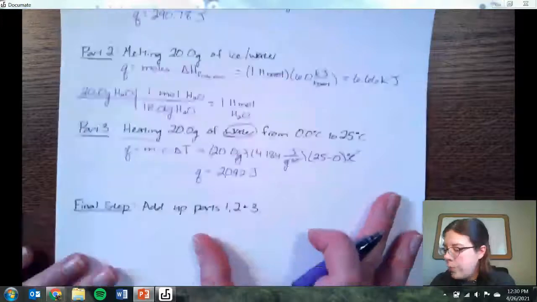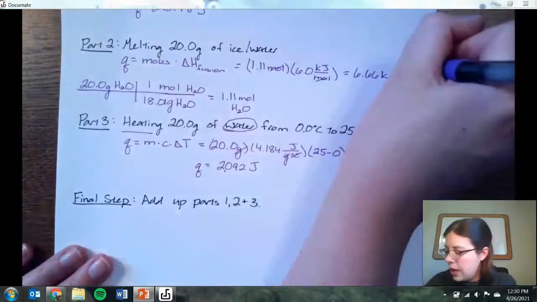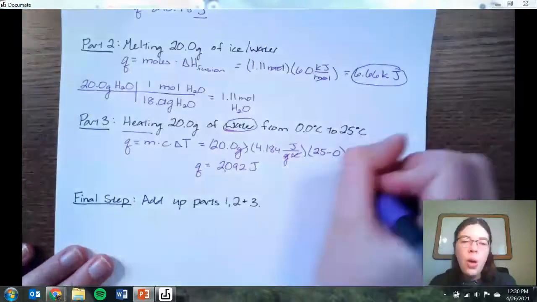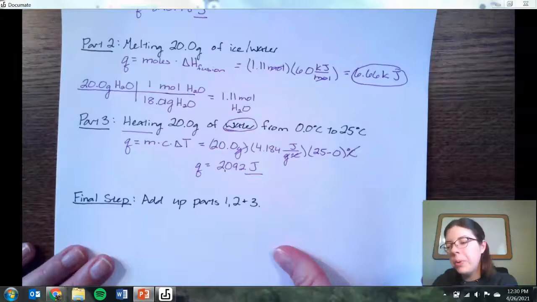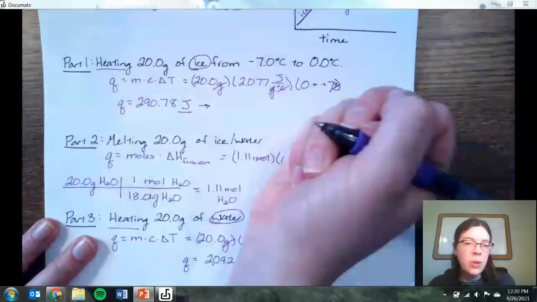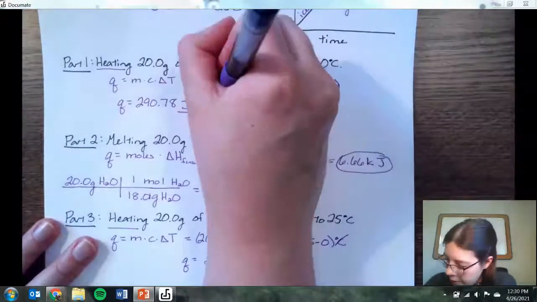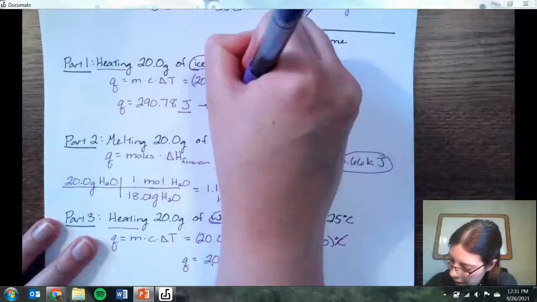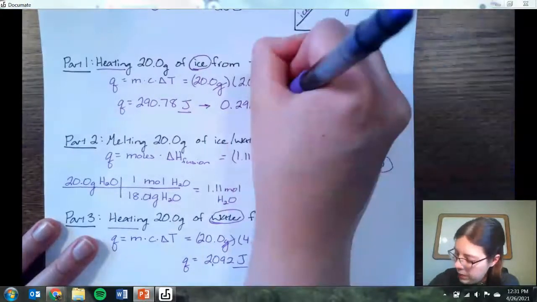So one thing I do want to point out, we have one unit that is in kilojoules and the other two that are in joules. We are asked to find the kilojoules. So I'm going to need to divide my joules by 1,000 in order to get the kilojoules. So 290.78 becomes 0.29078 kilojoules.